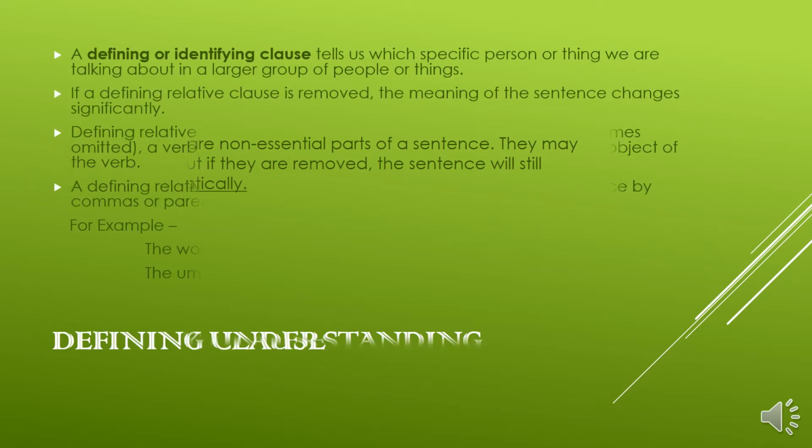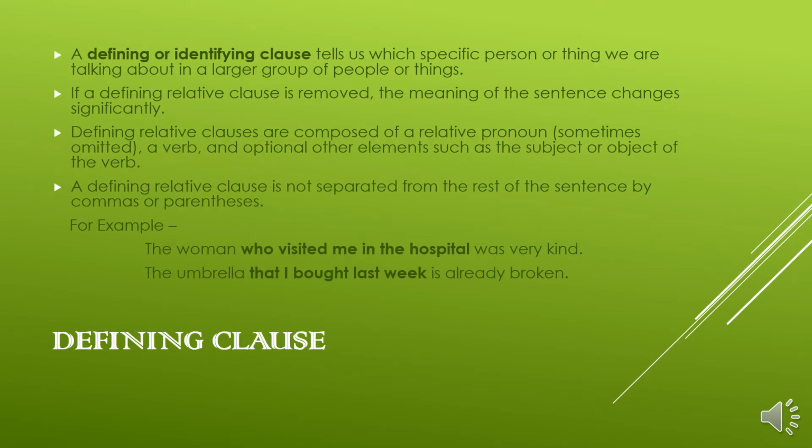Now for example, a defining or identifying clause tells us which specific person or thing we are talking about in a larger group of people or things. Also, if a defining relative clause is removed, the meaning of the sentence changes significantly.